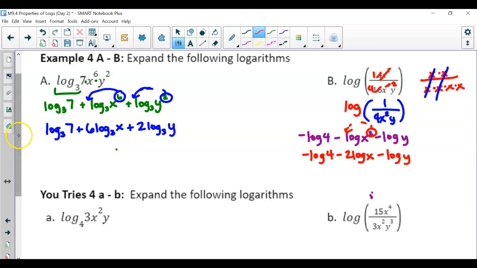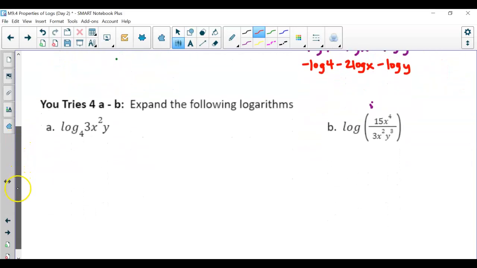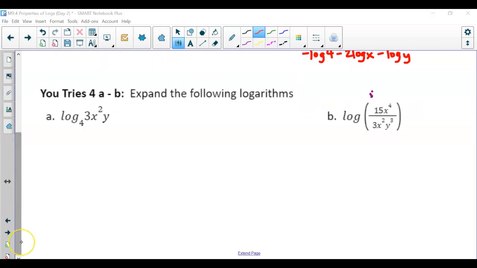So go ahead and pause the video and try these 2 U-tries on your own. And here we go. So again, we're expanding. So in this first one, notice how everything is being multiplied. So multiplication, you should have shown addition.